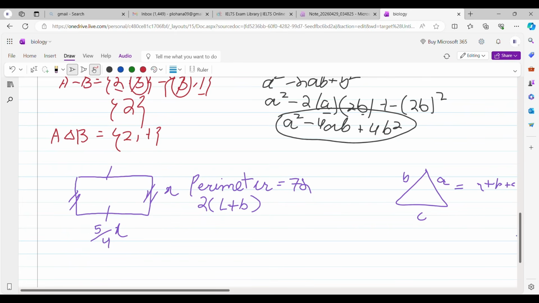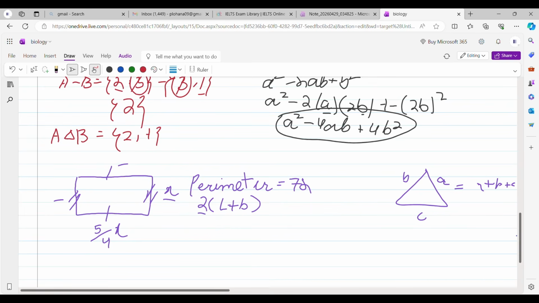You have two heights, so I've written 2, and you have two bases, so 2L plus 2 base. This is what I'm trying to explain. You have two lengths and two bases, so it's the sum of all the sides.